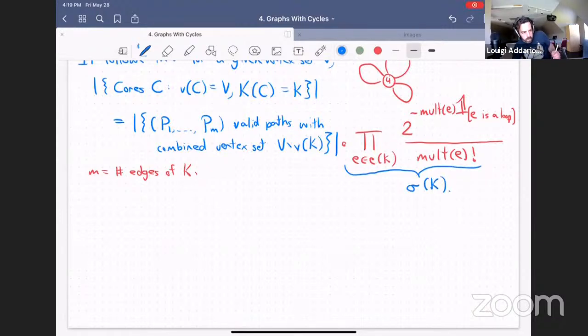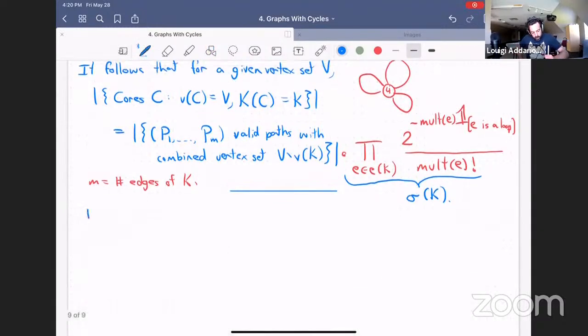Okay, and so the last thing I'd like to do for today is to extract some asymptotics from this formula. So here's the proposition.